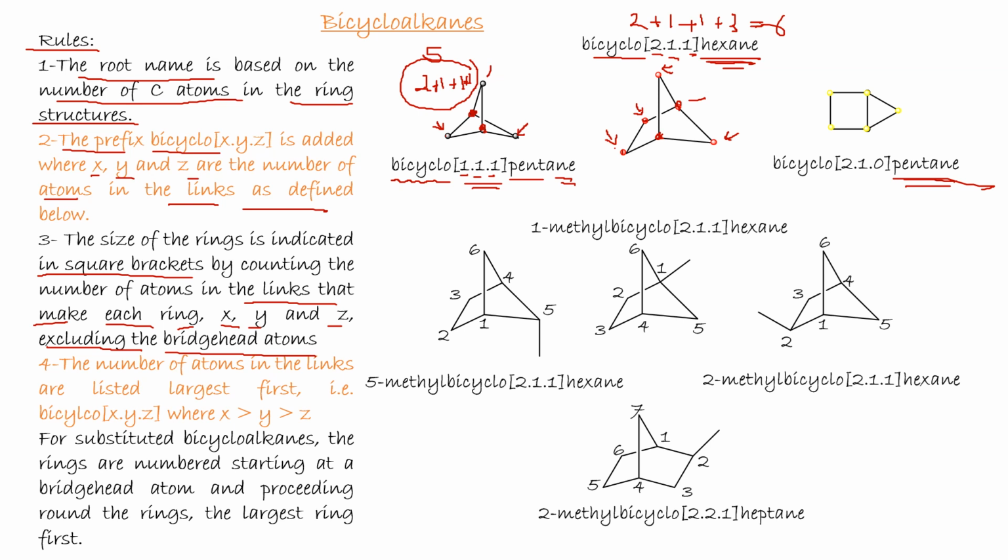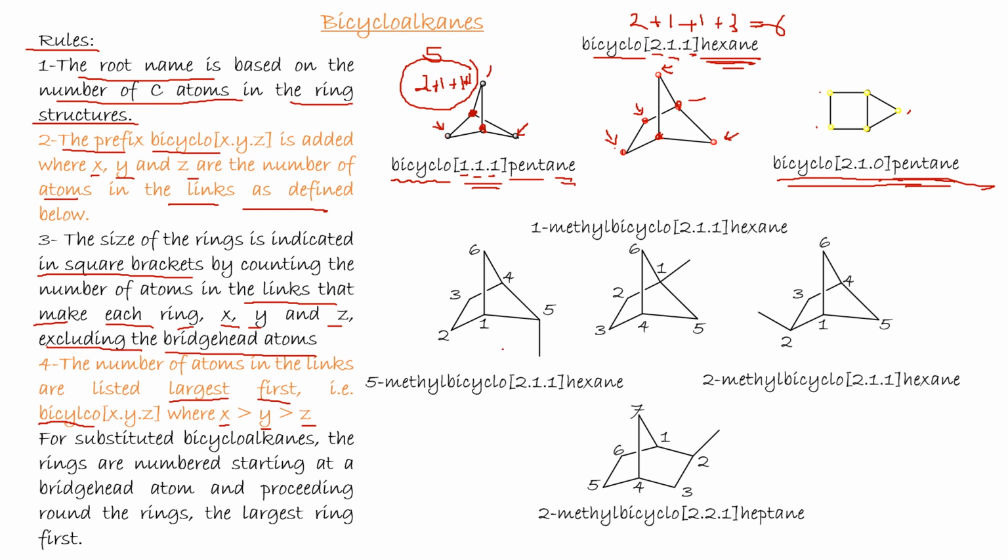In this case, it's 2, 1, and there is nothing in here, so it's 0. So it's bicyclo 2.1.0 pentane. The numbers of atoms in the links are listed largest first after bicyclo, then XYZ, where X is larger than Y larger than Z.